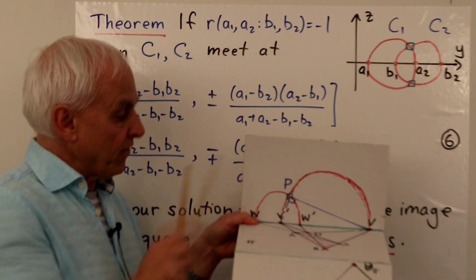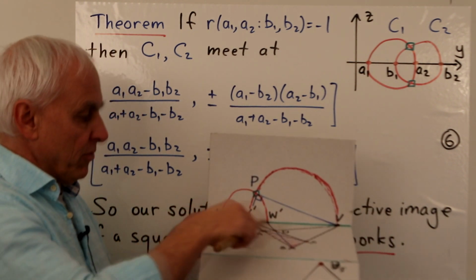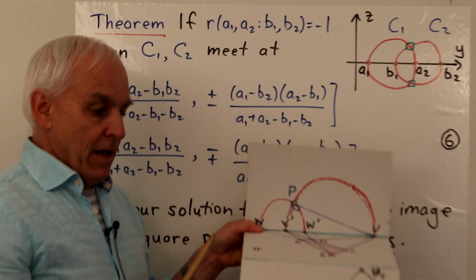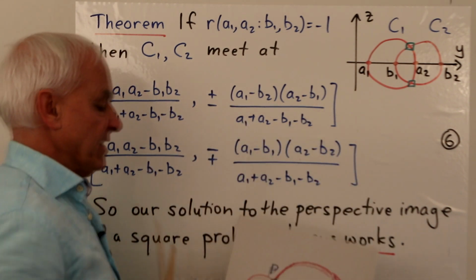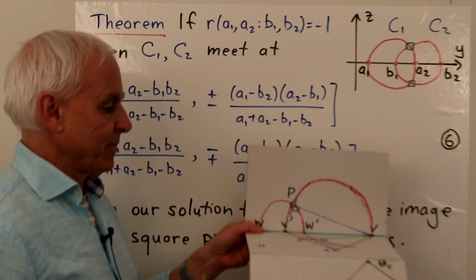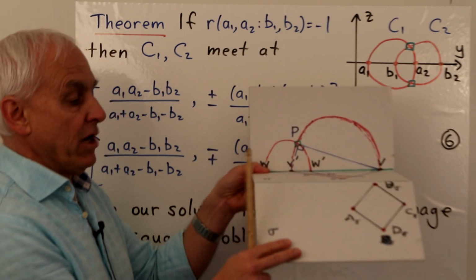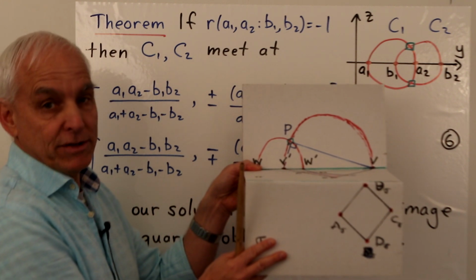And then the coordinates of this point in this plane, in terms of y and z, are going to be given by one of these expressions. Of course, then this plane here will also have to be parallel to it.